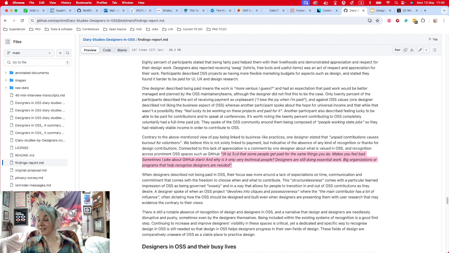But it is sad. This is a comment from one of the designers in the diary study: "It is sad that some people get paid for the same things that you do, makes you feel bad. Sometimes I joke about GitHub Stars and why is it only very technical people? Designers are doing essential work. Big organizations or programs that help recognize designers are needed."